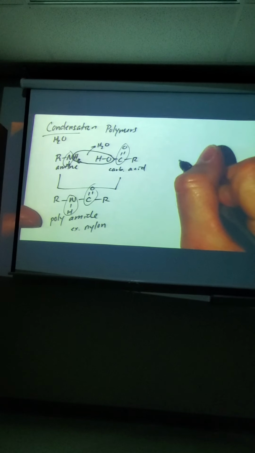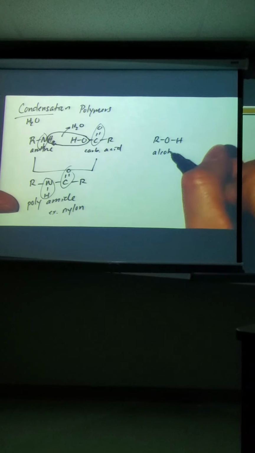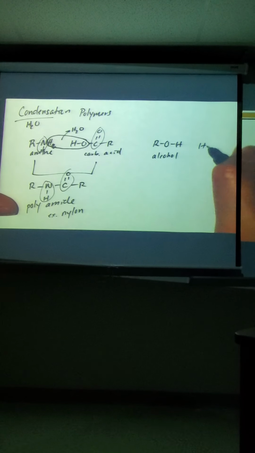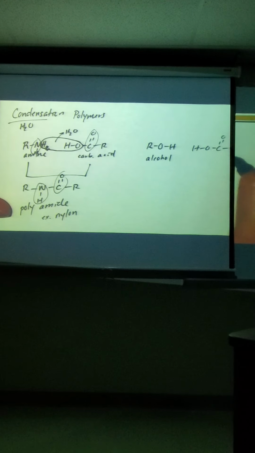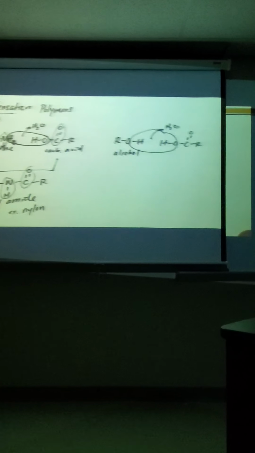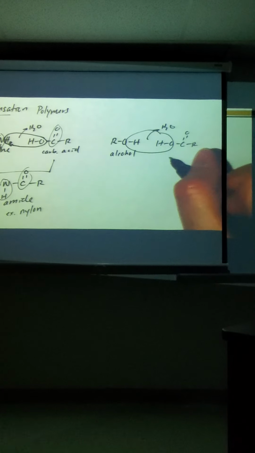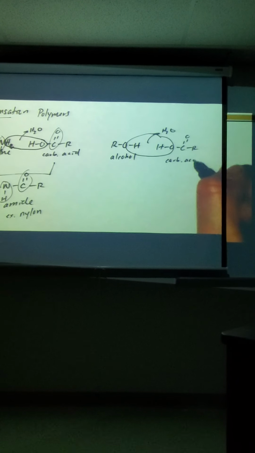But in any case, we have another group that's very similar but different. We have an ROH, which is an alcohol from our previous chapter. We have again a carboxylic acid. Notice those H2O molecules in the middle again. So alcohol, carboxylic acid, repeat from before. When we take these pieces and we join them together, much like over here, we saw the polyamide.